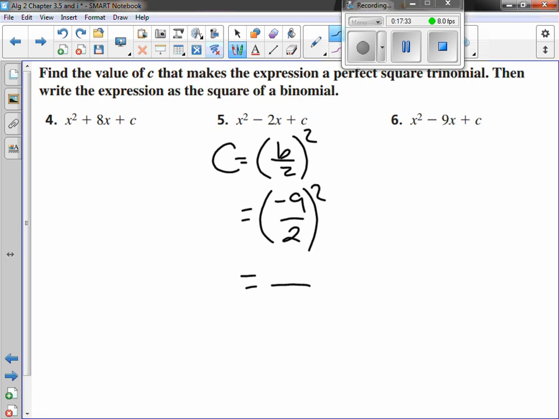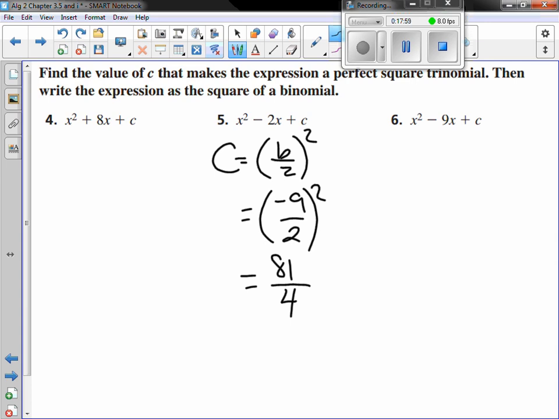There's nothing wrong with that. Because if I square it, it would just be 81 over 4, or 20.25 as a decimal if it was squared. Not squared, it'd be negative 4.5. They're the same deal.